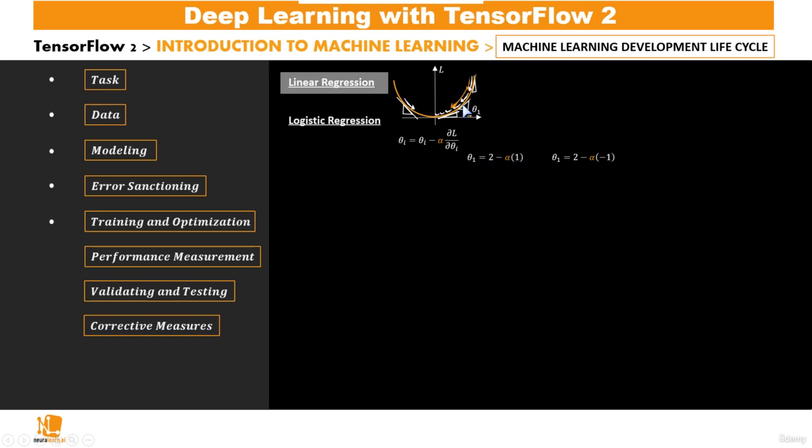Initially when alpha was 0.1, we went from 2 to 0.9, but now if alpha is 3, we're going to go from 2 to -1. So we see that there's a great change in the value of theta 1.